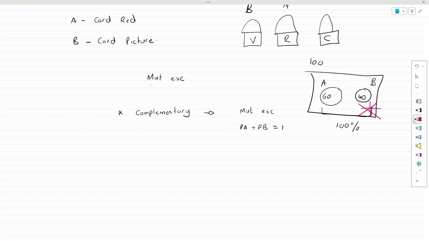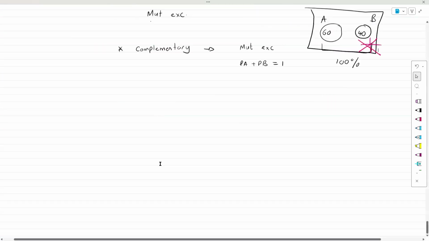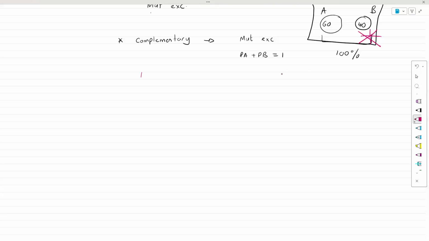So it's up to us to figure out how to work with this here. But it's also very easy because we can find out a lot of things. You see the sign? The word not is shown by that sign. So whenever somebody says not B, it is quite simple. Let me show you guys what this formula looks like. P(A) plus P(B) equals 1.